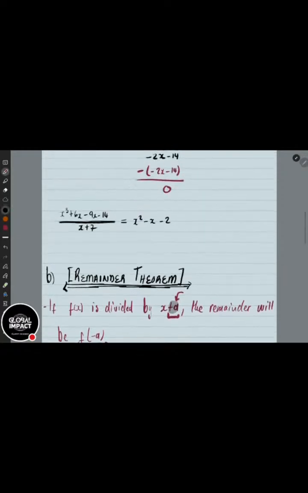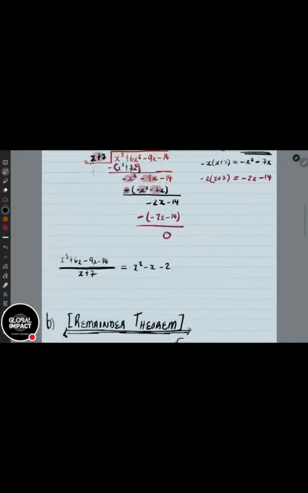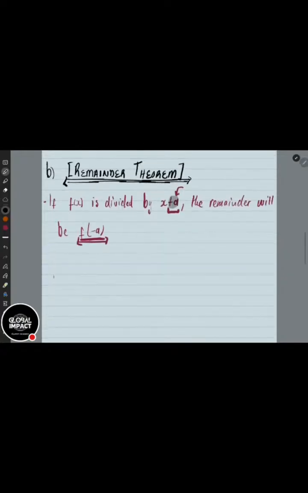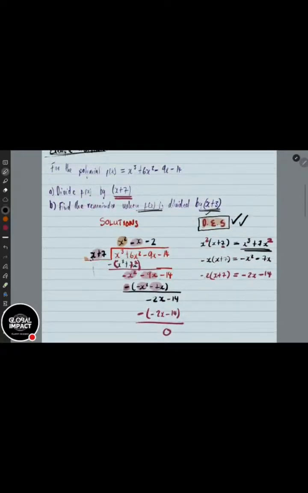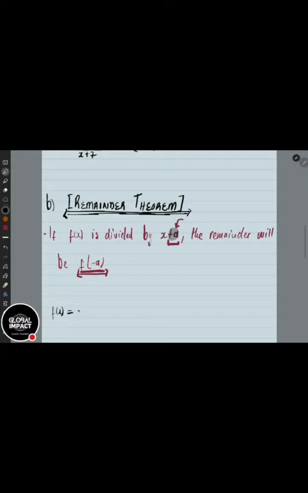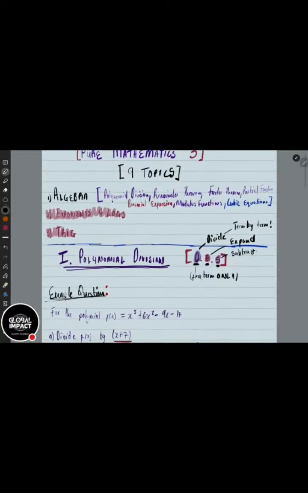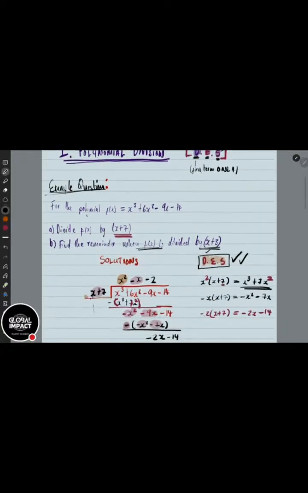So let's see what they said here. They said find the remainder when f of x is divided by x plus 3. So let's put our f of x first. Here our f of x is going to be equal to x cubed plus 6x squared minus 9x minus 14. And it is being divided by x plus 3.